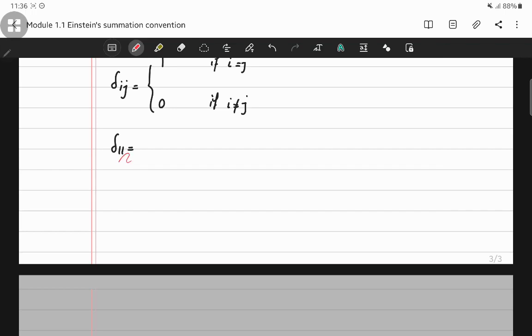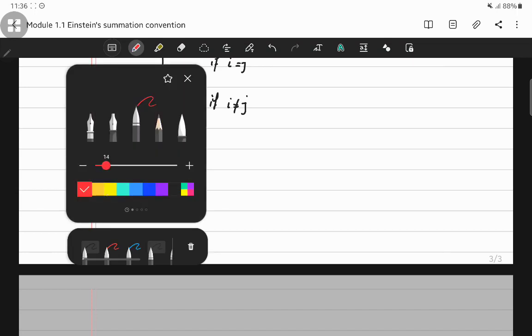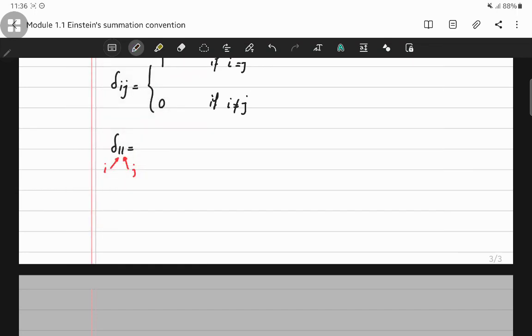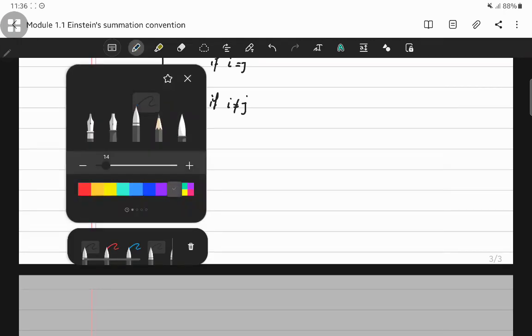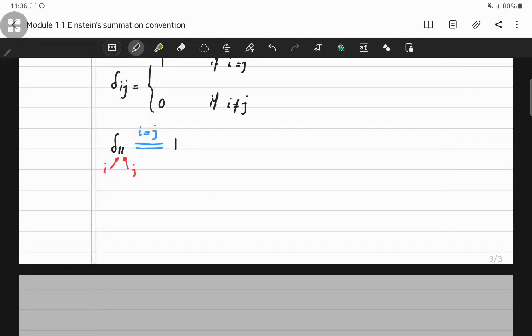Here this is i and this is j. Since i is equal to j, you finally get 1. And this is also the same here for delta 2 2 and delta 3 3.